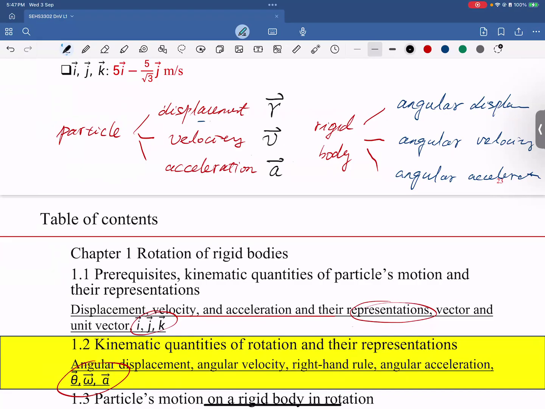But for angular quantities, different. Angular displacement, we use theta. Angular velocity, we use omega. And angular acceleration, we use alpha. Greek letters.